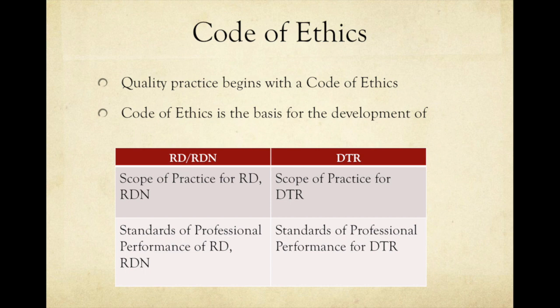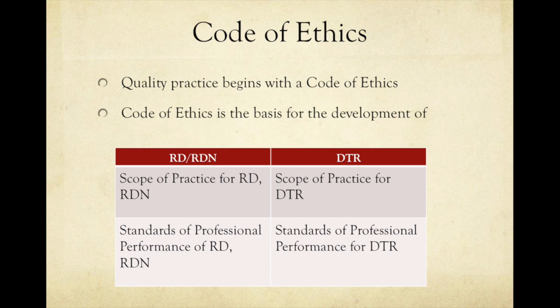Okay, so once that code of ethics is defined, we can then utilize that code of ethics to build more structure around determining what quality practice looks like. So in the dietetics profession, in addition to a code of ethics, what they have done is defined a couple of different levels of information related to what quality practice looks like.